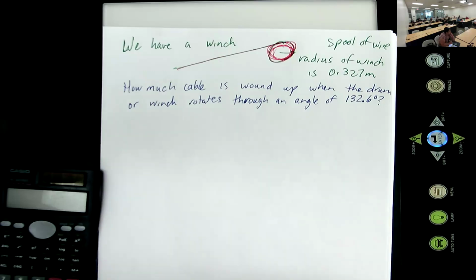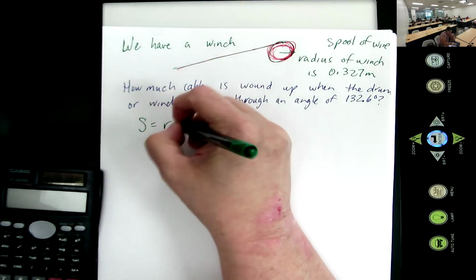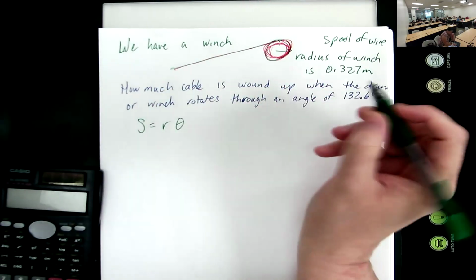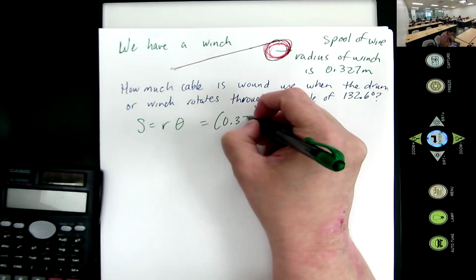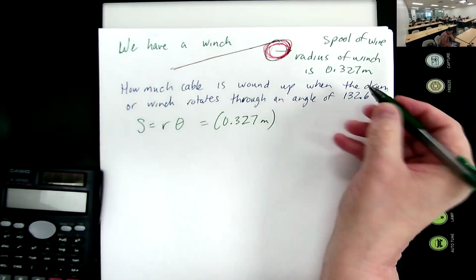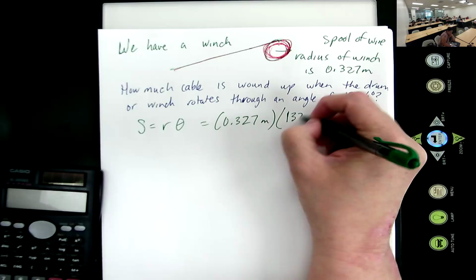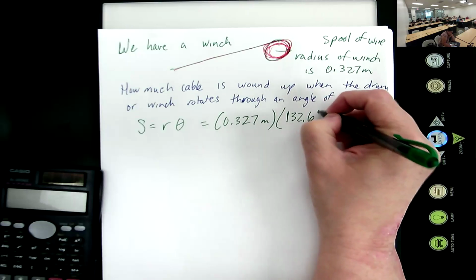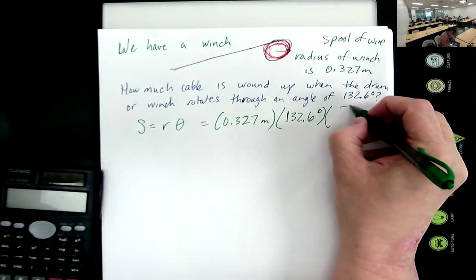We're still doing S equals R theta here. R is 0.327 meters. Theta is in degrees, and we don't like meters and degrees, we just want meters, so we need to clear degrees.